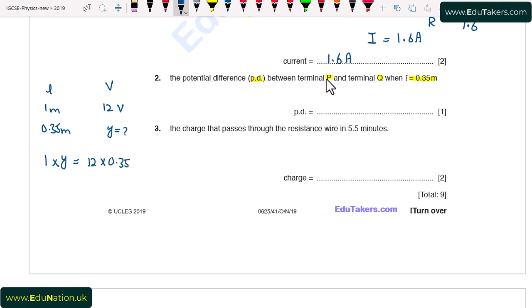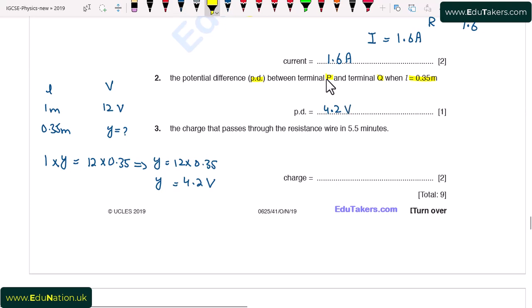So Y will be equal to 12 multiplied by 0.35, and Y comes to be 4.2. As it is a potential difference, its unit will be volt. So I write here potential difference is equal to 4.2 volt.